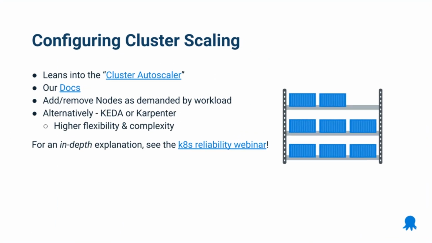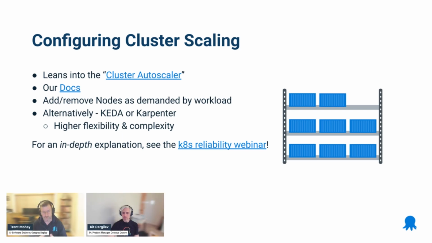Autoscaling. Wow, autoscaling is simple and complex depending on how hard you want to look at it. So, like we said before, fundamentally, in a vanilla default environment, we really lean into the cluster autoscaler. Each time we get a job, we put a pod in.